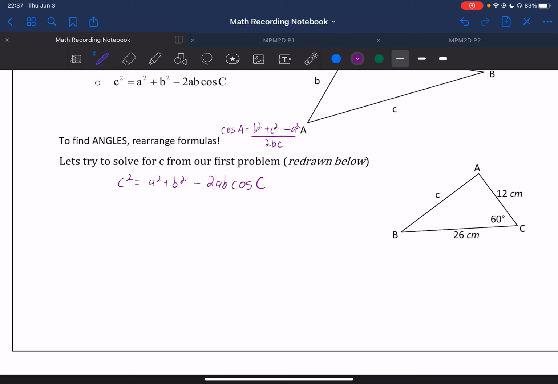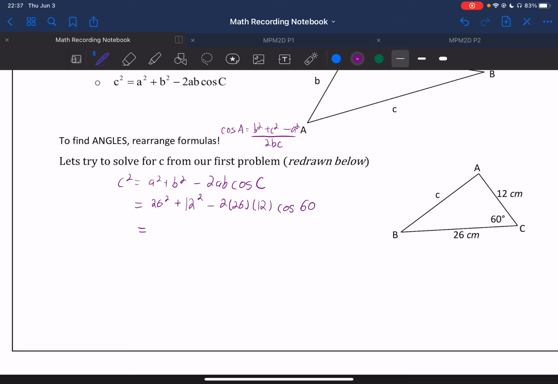So we put in the information we know. A is 26 centimeters squared plus 12 squared for B minus 2 times 26 times 12 times cosine 60.